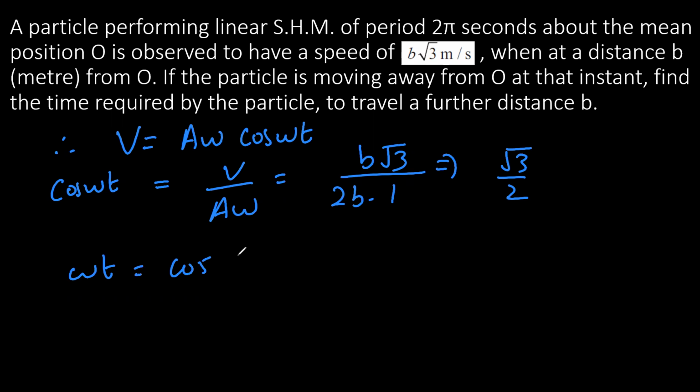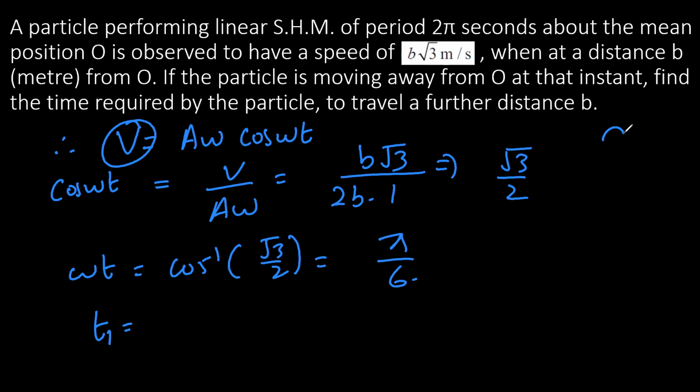That is cos inverse root 3 by 2. So cos का value root 3 by 2 का पता है? When you have 30 degree. So 30 मतलब pi by 6. Omega is 1, so t is pi by 6. So this is t1, because the velocity कहाँ पे है? 0 to b, that is the t1. So t1 is pi by 6 second.